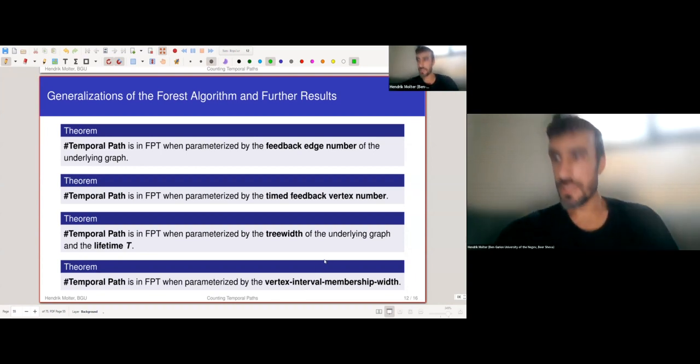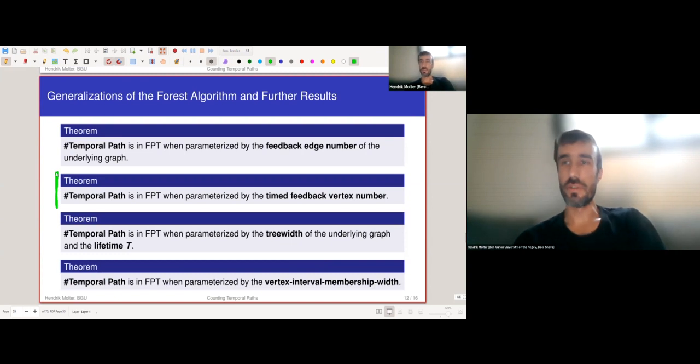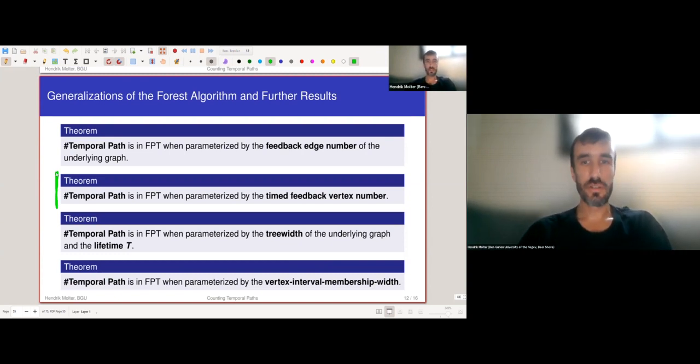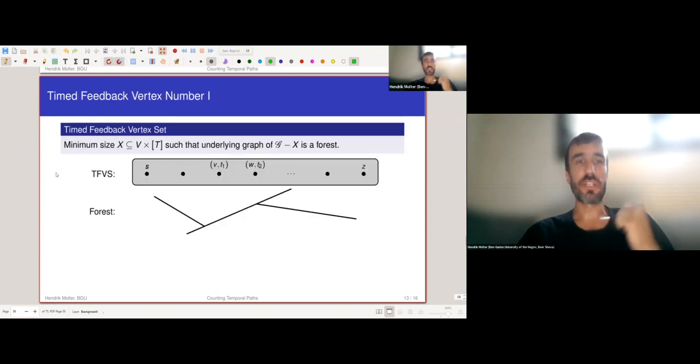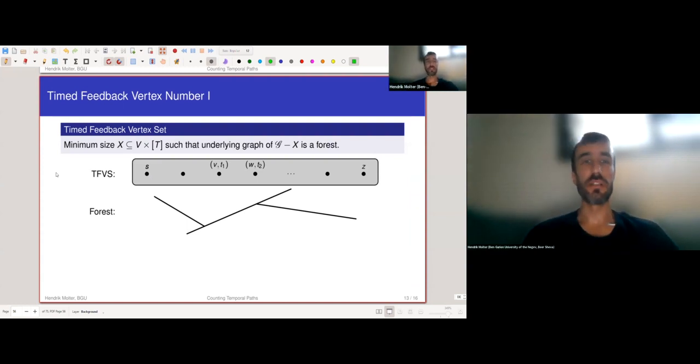As time permits, I want to talk a little bit about the time feedback vertex result for the remainder of my presentation. To do that, I first have to tell you what the time feedback vertex number, or the time feedback vertex set, is.